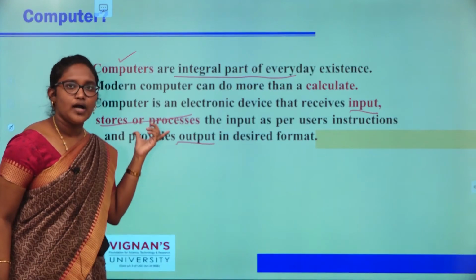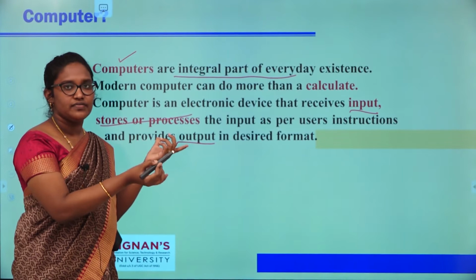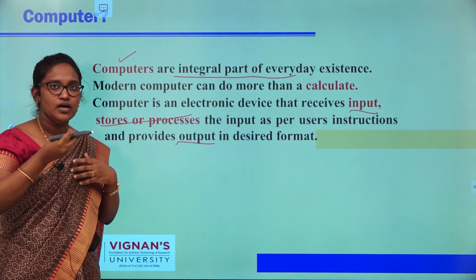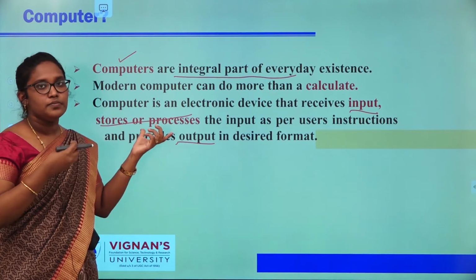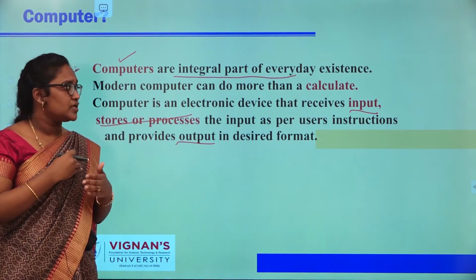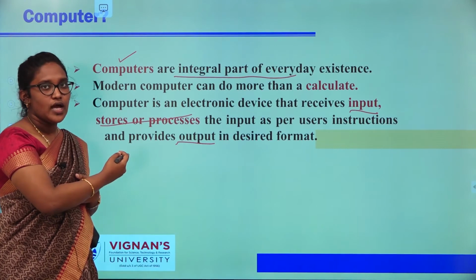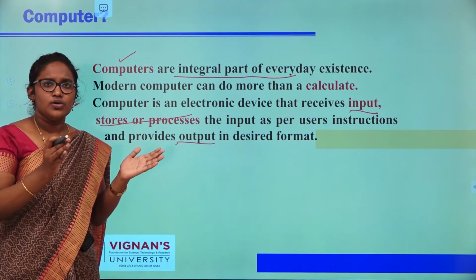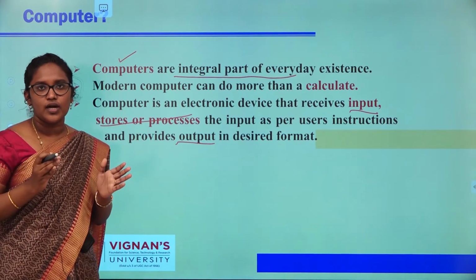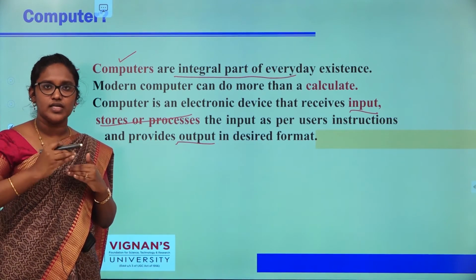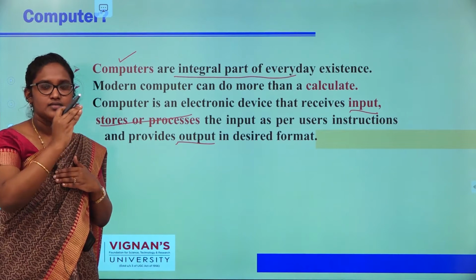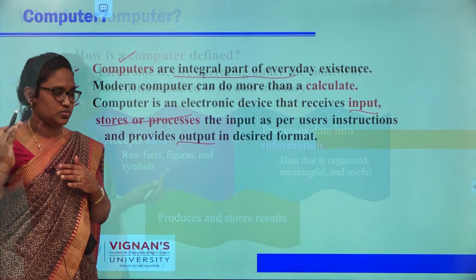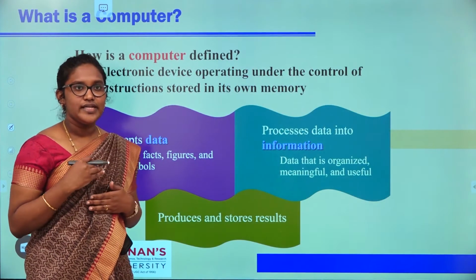If you try to understand the computer definition, it is an electronic device that receives the input, stores and processes the input as per the user's instructions and provides the output in a desired format. So in this slide, only remember three things: input is eyes, process is brain, output is mouth. So what is the need of a computer?